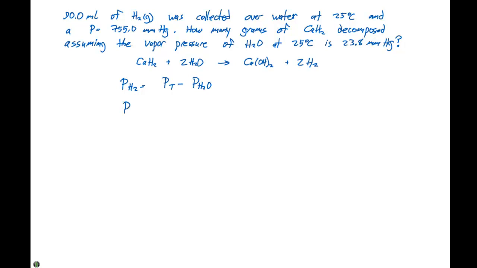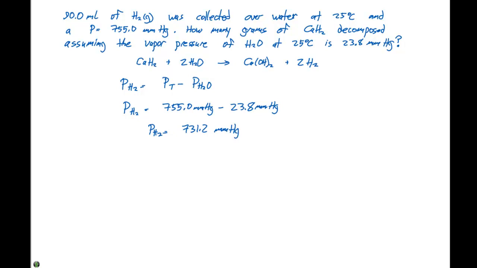So it is 755.0 millimeters of mercury, minus the 23.8 millimeters of mercury, which is our partial pressure of water. So our partial pressure of H2 is going to be 731.2 millimeters of mercury.